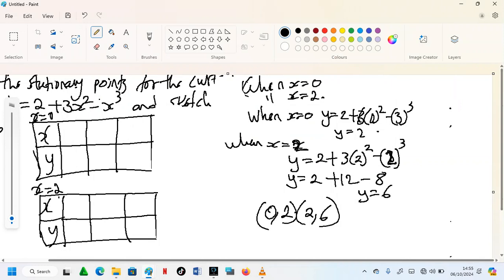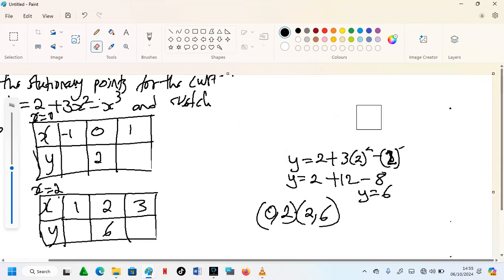When x is 0, of course y is 2, and when x is 2, y is 6. You just need the neighborhood, let's say 1, and then negative 1, and 1, and 3, so that we know how this curve looks.